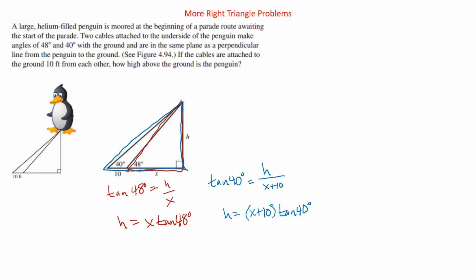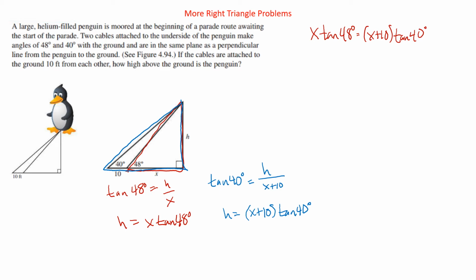We have a system of equations. We have 2 equations here. We can substitute. If h equals this and h equals this, that means that, I'm going to move up to the top here, x tangent of 48 degrees will equal x plus 10 times tangent of 40 degrees.